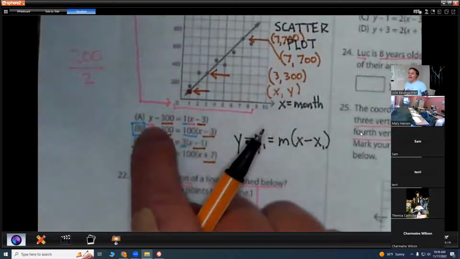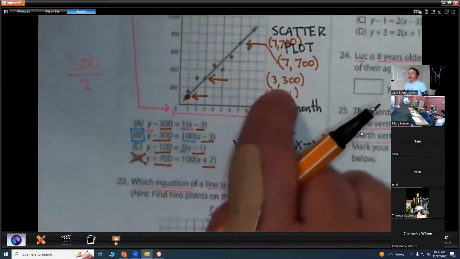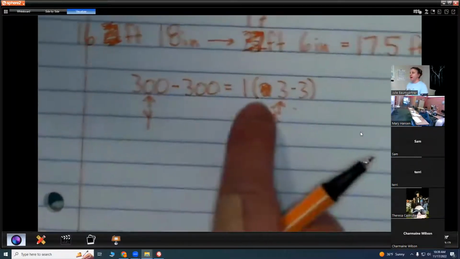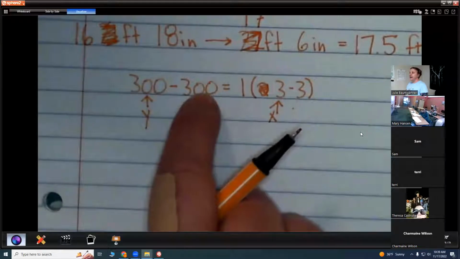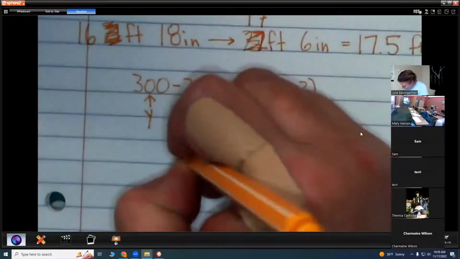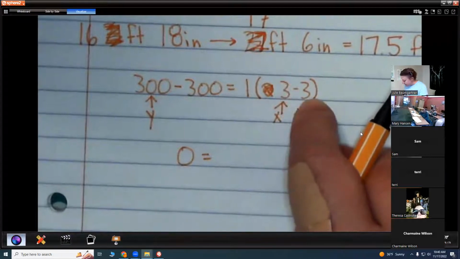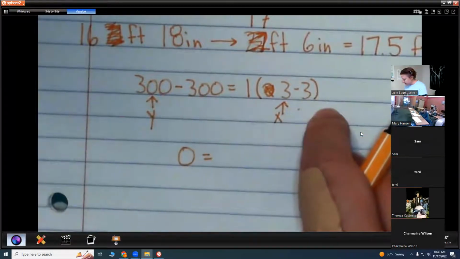So we're basically testing the point that we know to see if this makes this equation true. So now we would decide, okay, 300 minus 300 is 0. 3 minus 3 is 0. 1 times 0.